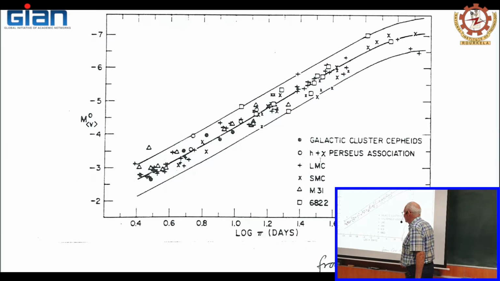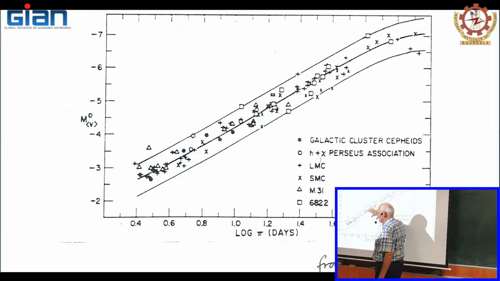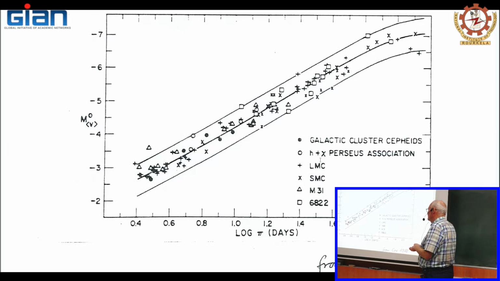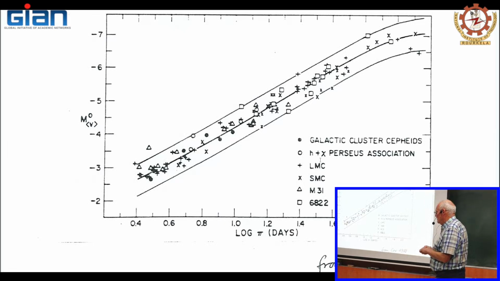There is a finite width of this relation, which comes from the fact that the Cepheids occupy a strip of finite width in the Hertzsprung-Russell diagram.